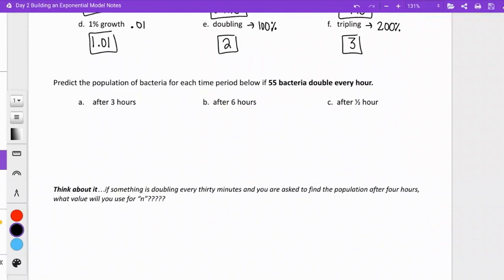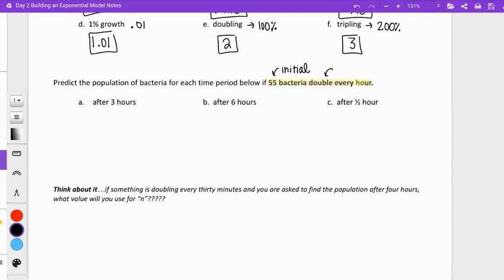It says predict the population of bacteria for each time period below if 55 bacteria doubled every hour. So if 55 bacteria doubled every hour, how long would that take after 3 hours? Well, we have to pick out, first off, this 55 is our initial value, right? We start off with 55 bacteria.